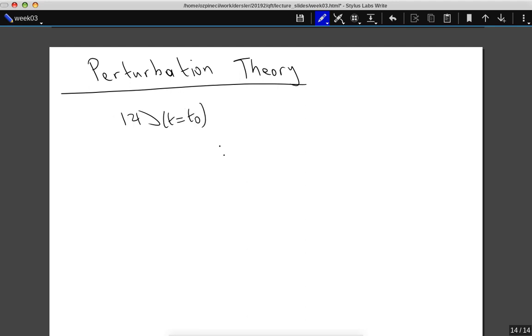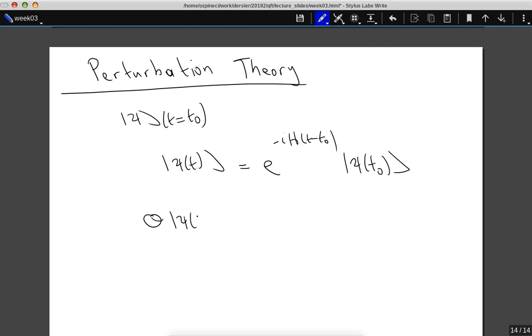We will let them evolve. At least in the Schrödinger picture, this evolution is given by our Hamiltonian. And then we will have some operators corresponding to some observables, and we will essentially be looking at their expectation values.